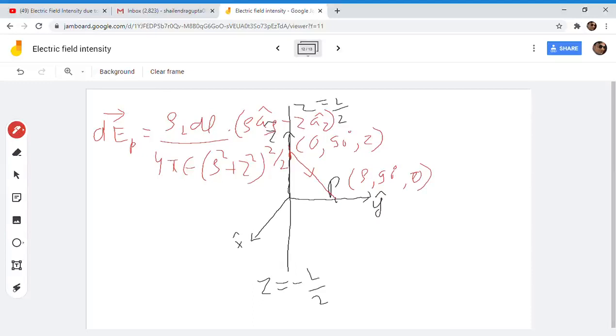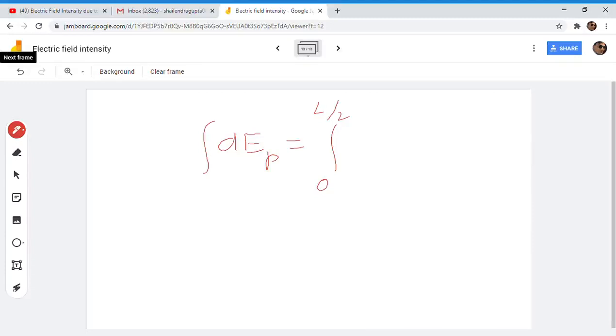Okay, now if you take the dl length in the minus z direction, you will see that this az quantity will be eliminated, and what we will get is the integral at point P equal to 0 to L by 2. Just see, the limits are changing.